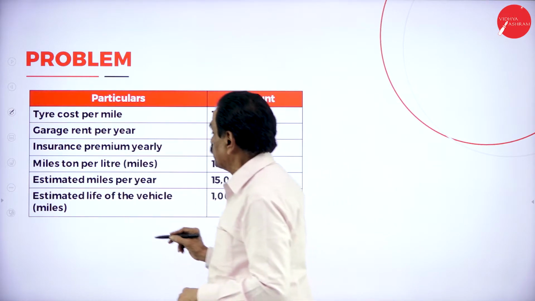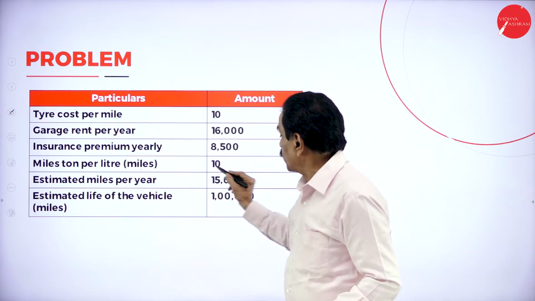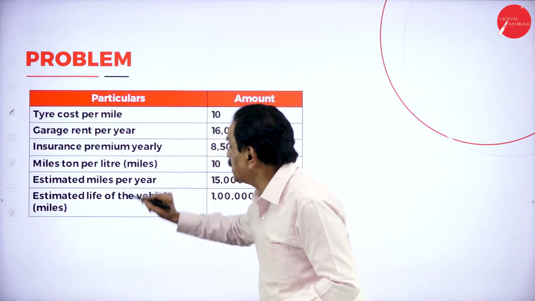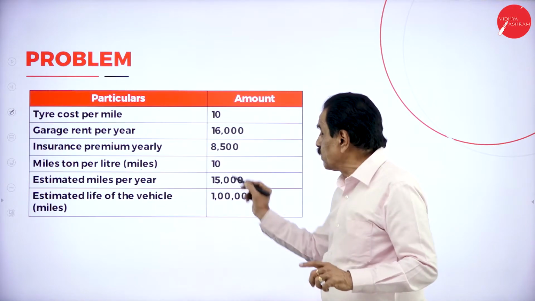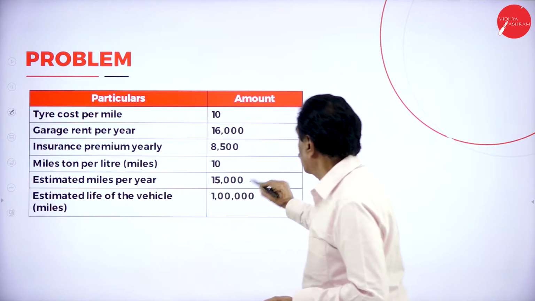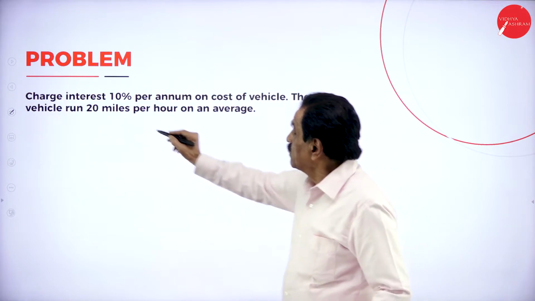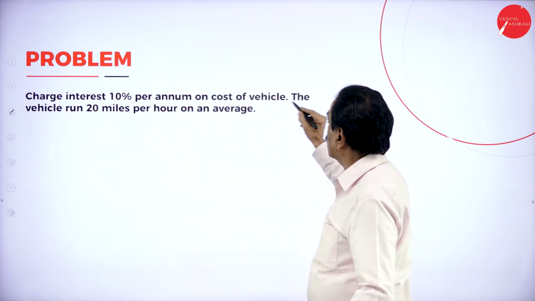Miles per liter is 10. For 10 miles, here rupees 10. Estimated life of the vehicle is 1 lakh. Then charge 10% per annum on the cost of the vehicle.